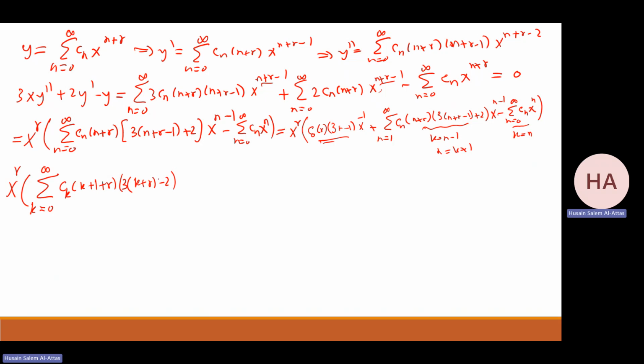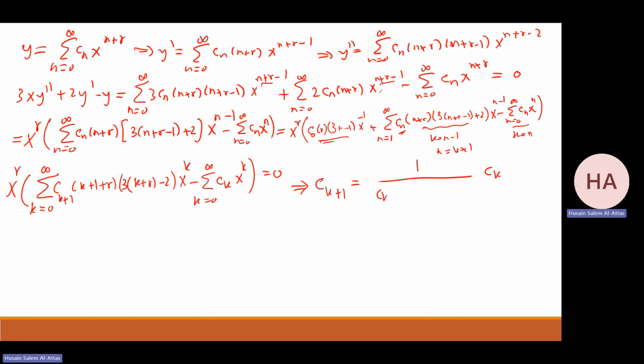I have, close the bracket, x to the power k, minus summation k equals 0 to infinity ck x to the power k equals 0. So I have now the relation, very clear. This is ck plus 1, sorry. I change everything, each n to k plus 1. So I have ck plus 1.